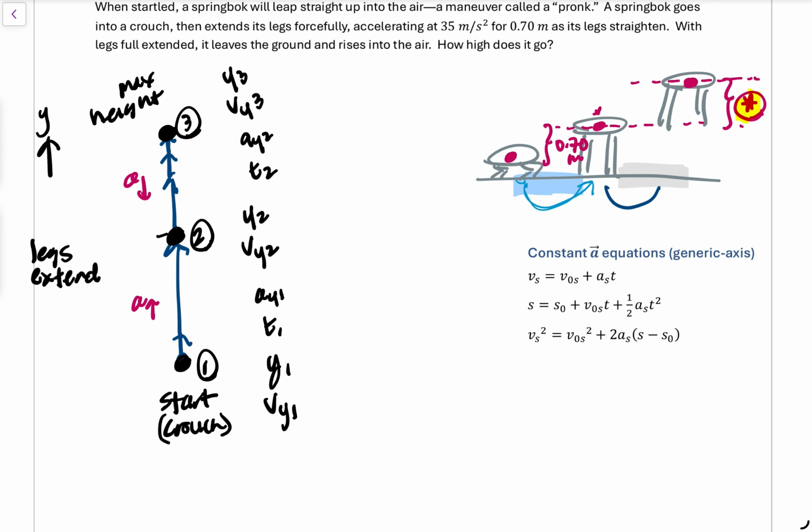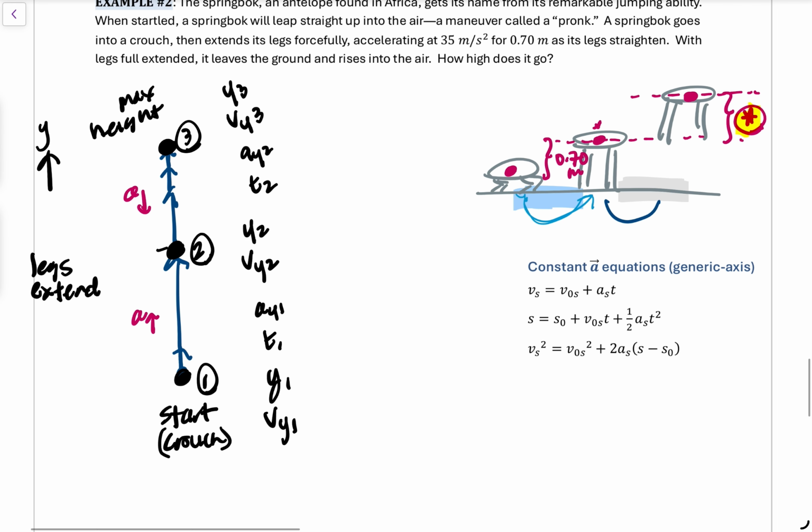Remember, just like we did when we did the horizontal multi-interval problem, these position and velocity in the middle of the two intervals is going to work for both intervals, right? So that y2 and vy2 is the end of the first interval, and then those are the starting values for our second interval there.